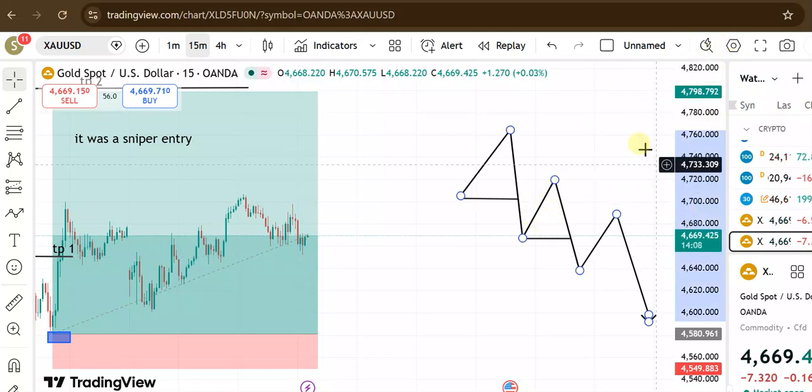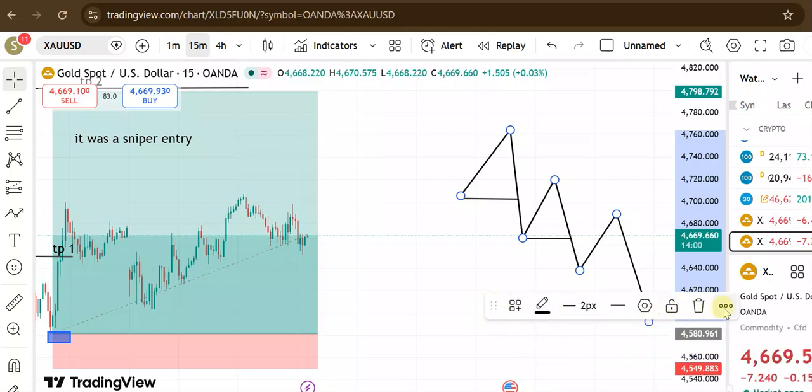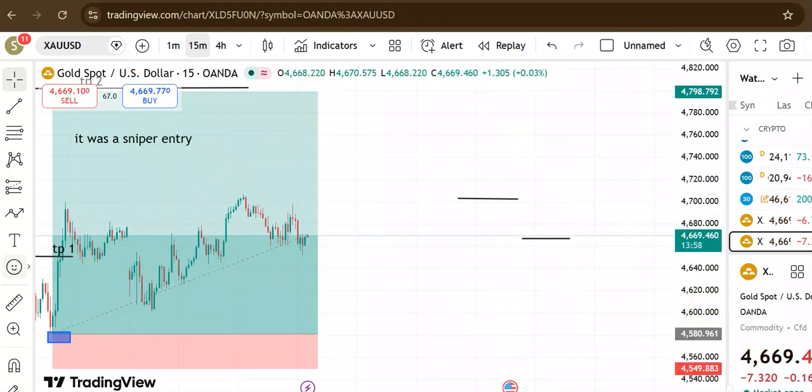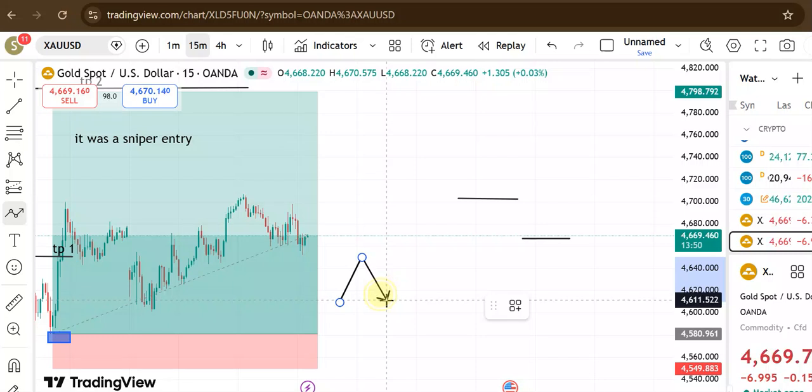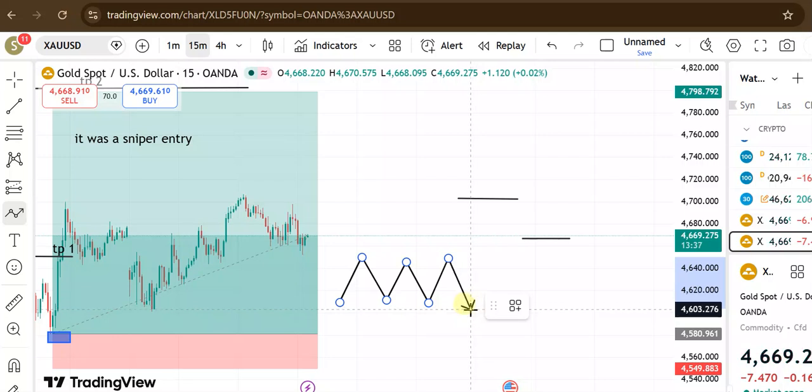Now, the other type of trend is the ranging trend. And how does the ranging trend look like? The ranging trend looks like this. And I'm going to give you live examples of a ranging trend, a downtrend and an uptrend.